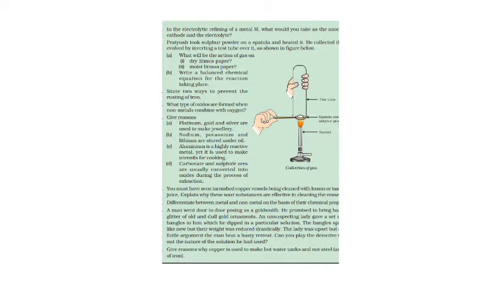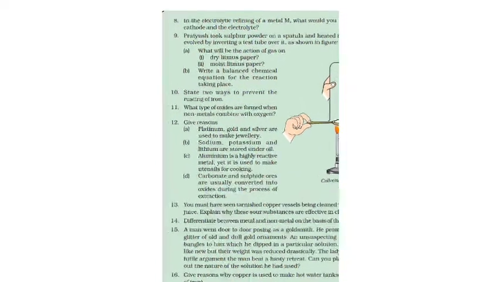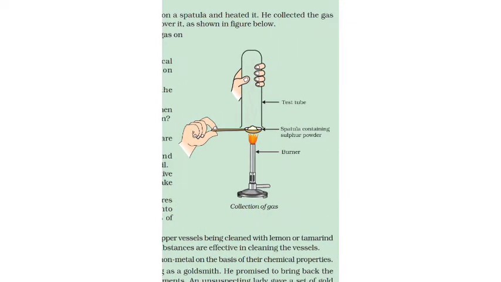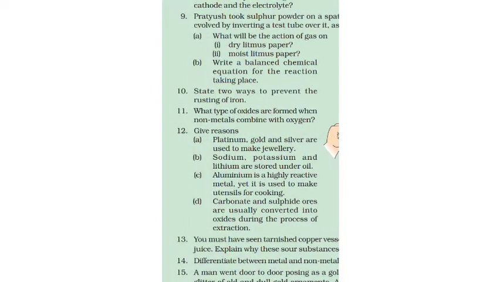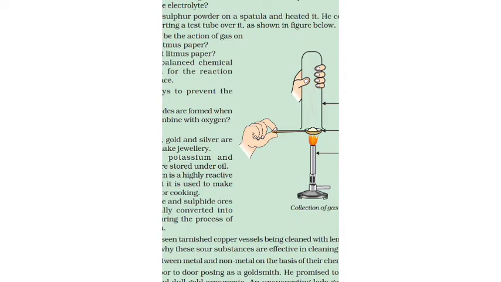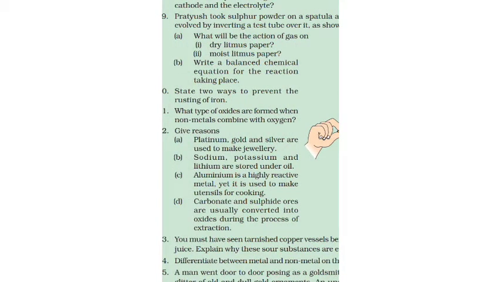Pratik took sulfur powder on a spatula and heated it. He collected the gas evolved by inverting a test tube over it, as shown in the figure. What will be the action of the gas on dry litmus paper?